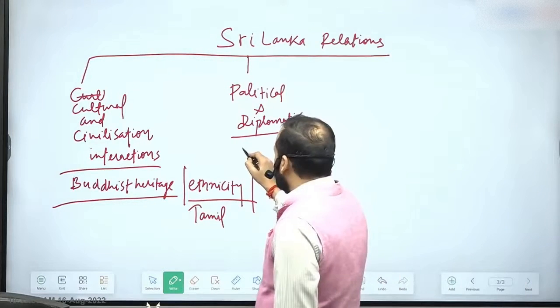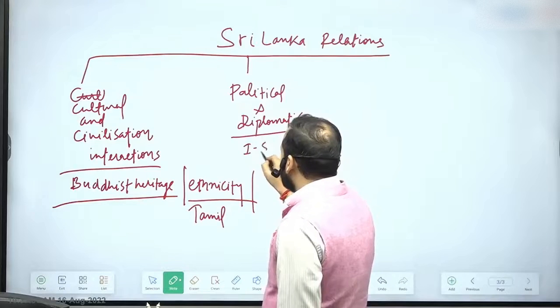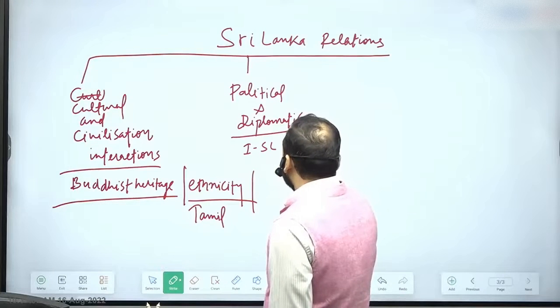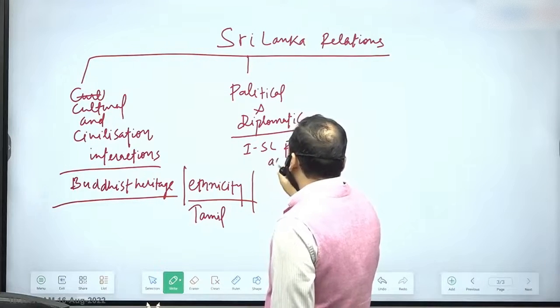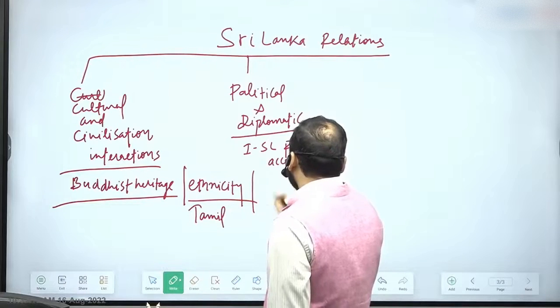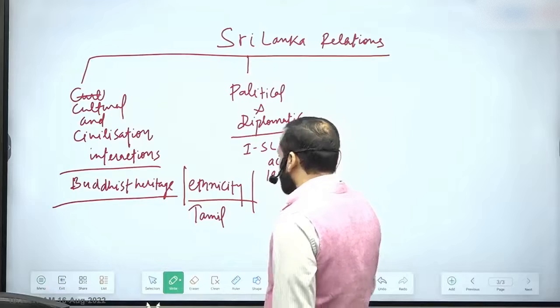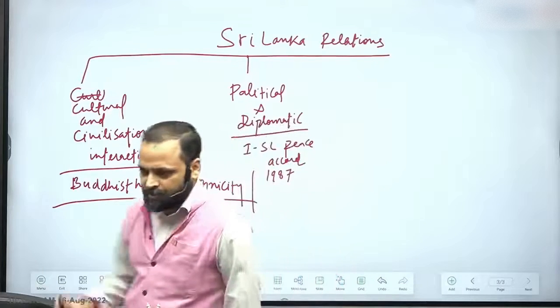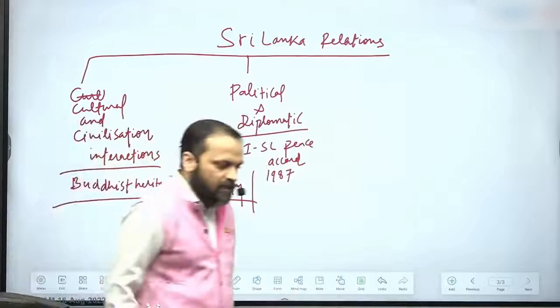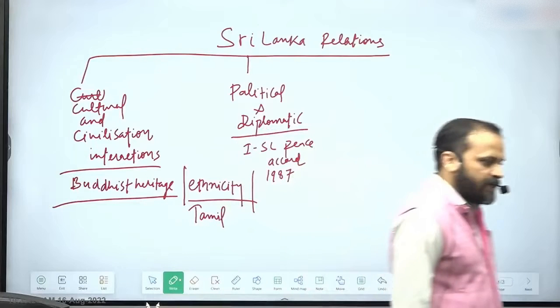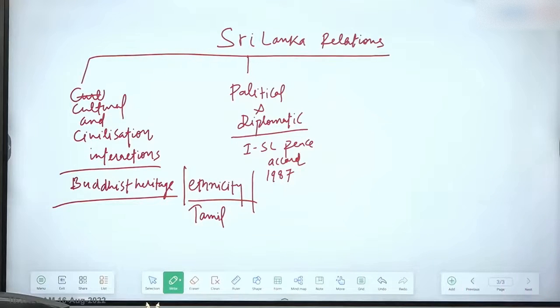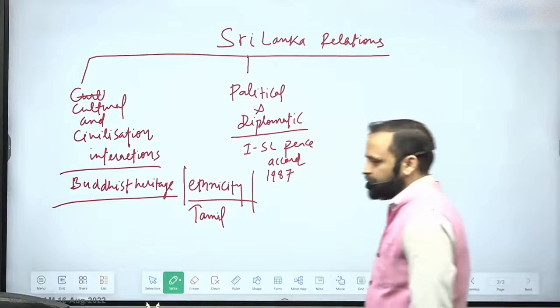So we have the India-Sri Lanka peace accord, for example, an important agreement of 1987. So we have had regular interactions at the highest level between both the sides. We have had agreements like the India-Sri Lanka peace accord of 1987.